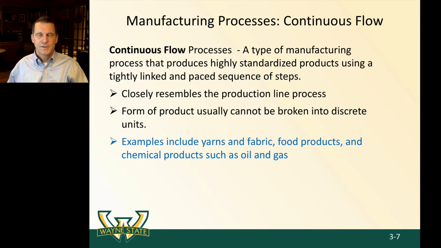Food products, how do you think all those jars get filled, right? In a continuous flow. The jars come under the machine and we just keep doing the same thing over and over. Filling tubes of toothpaste, filling jars of spaghetti sauce. Chemical products such as oil and gas, those flow and flow continuously. So they're a good example of continuous flow.